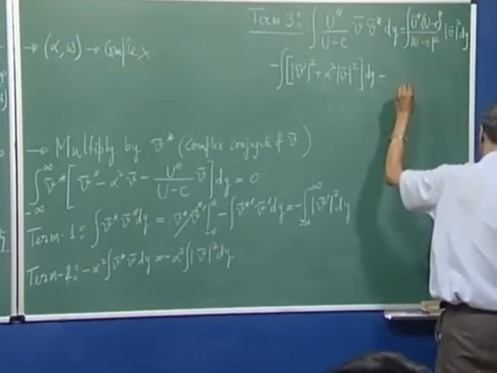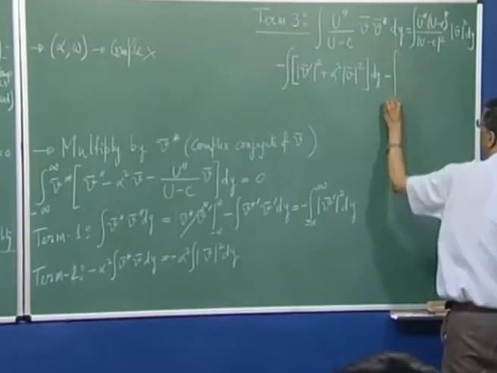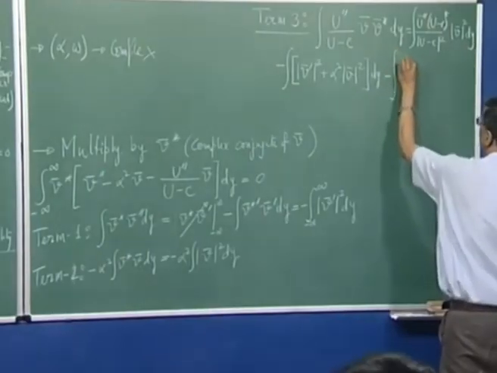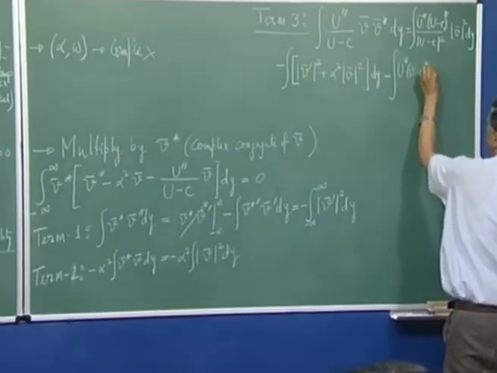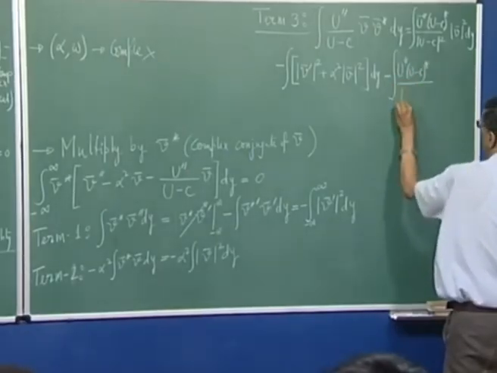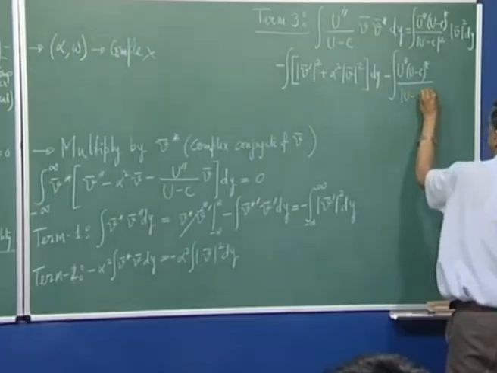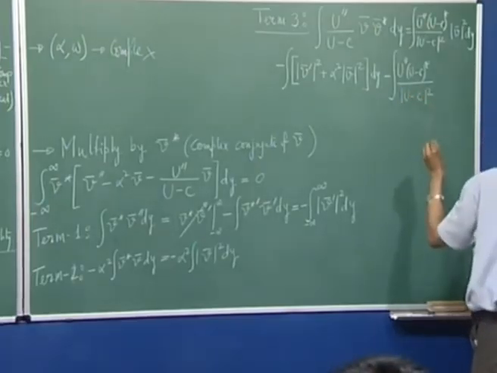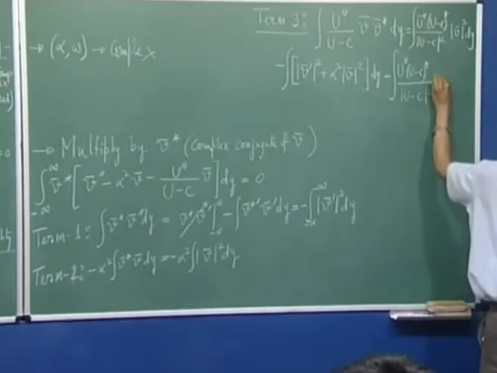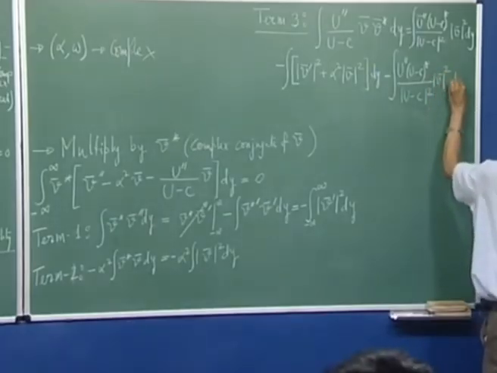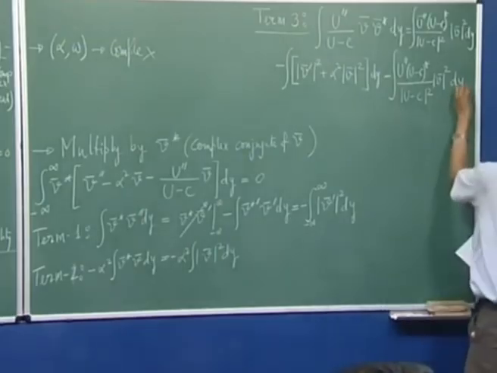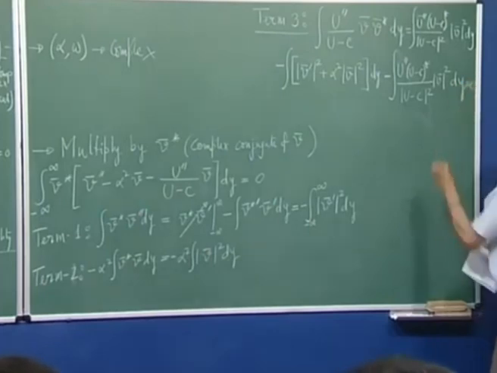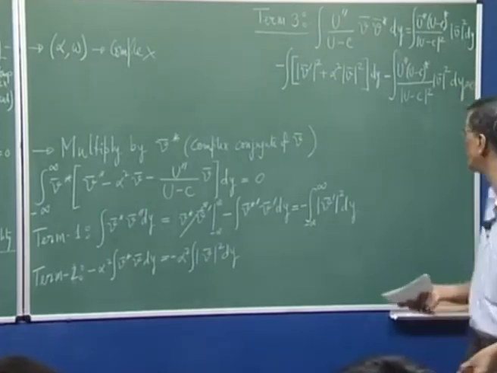So, that is also negative, and then we have u double prime times the conjugate of u minus c divided by mod u minus c squared. This equals 0, right. That is what we want to get.